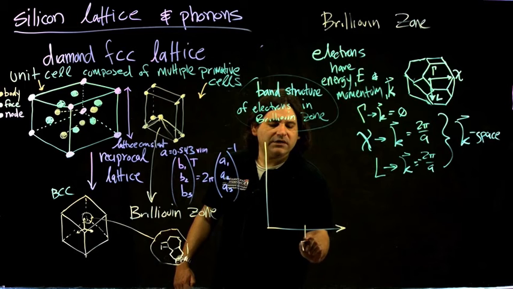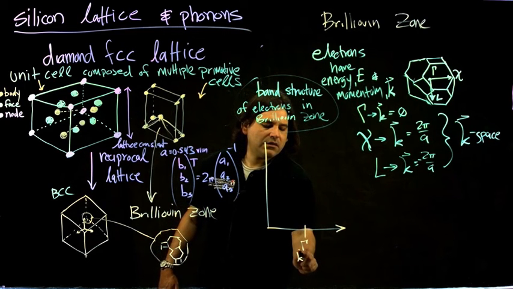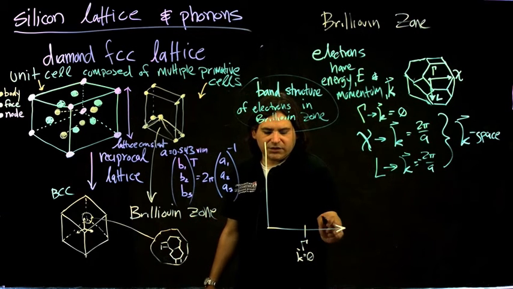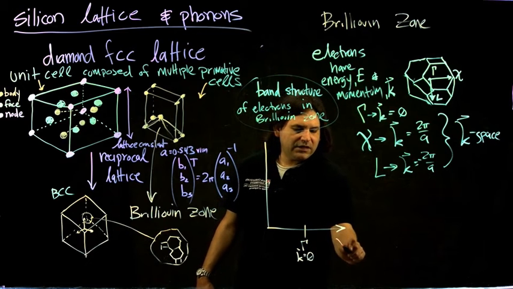So in the center, it's gamma, and if you remember, k equals 0 here. If we go in this direction, we're going towards this fancy X, chi.